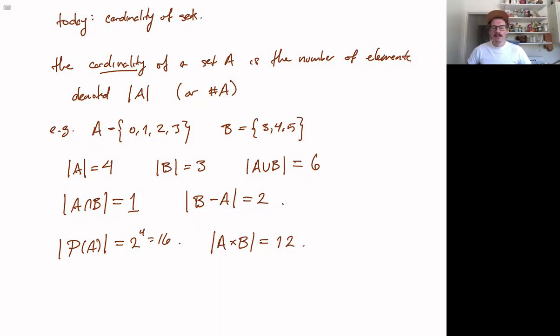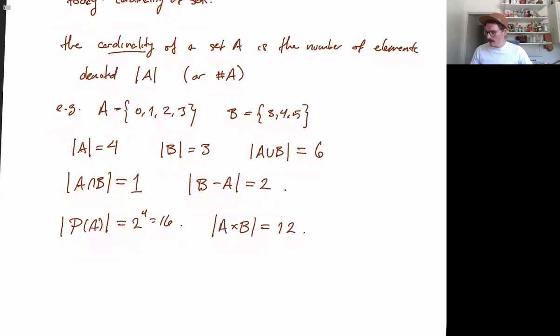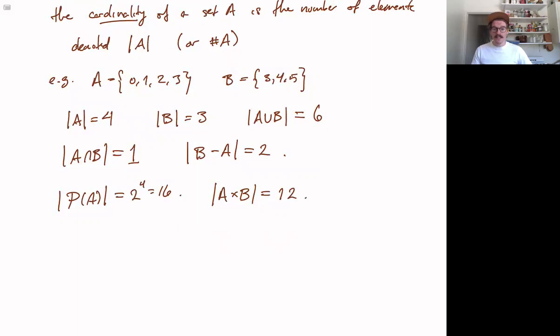When you're dealing with finite sets with a finite number of elements, then cardinality is pretty simple. But when you're dealing with infinite sets, things get a little bit more complicated. So for example, what is the cardinality of the integers? Well, it's infinity, in some sense, right? It's not a finite number.